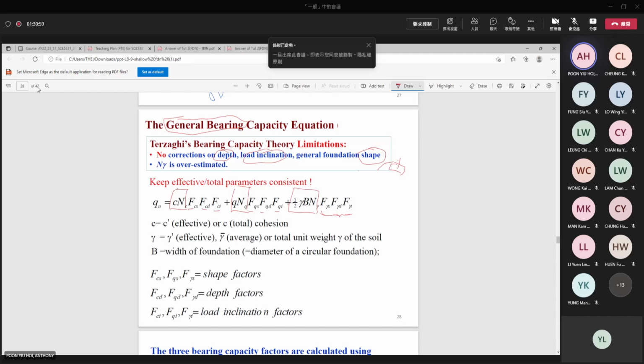In this case, we have shape factors, depth factors, and inclination factors.